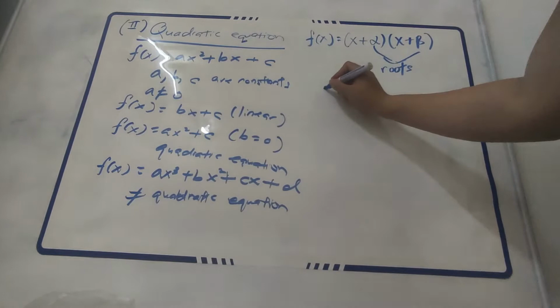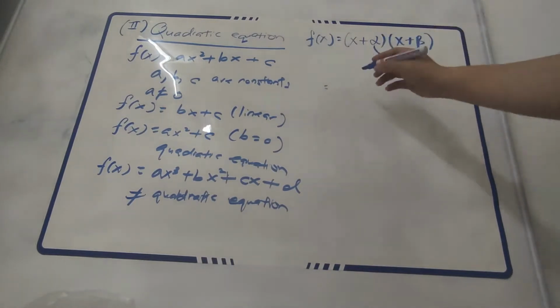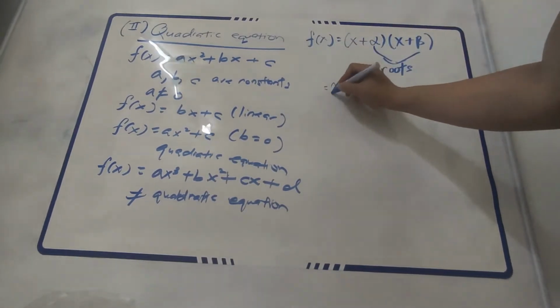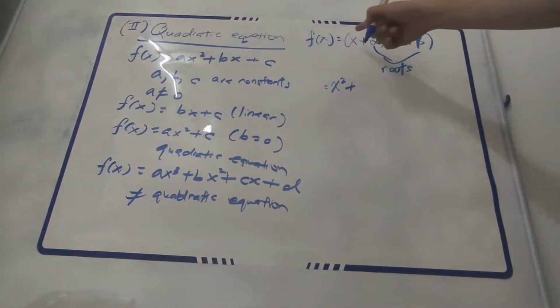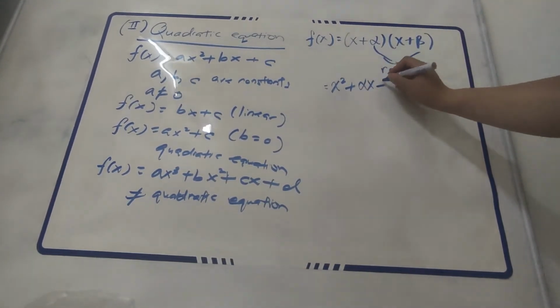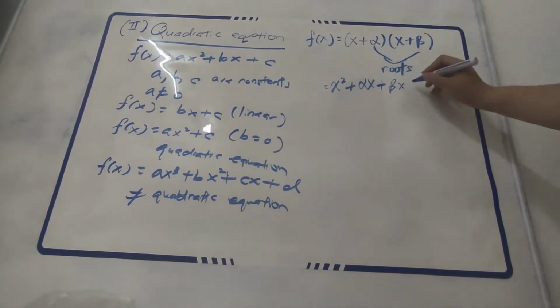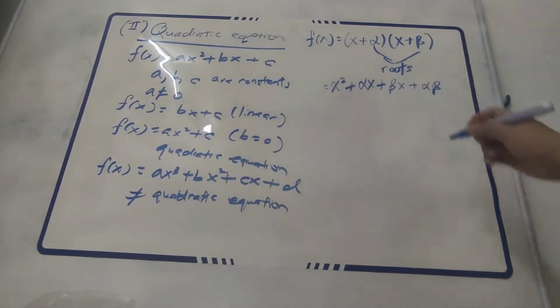And when you expand it, this is form 3, or what we call IGCSE level maths, 7 to 8 level maths. So you have x squared plus what? x times x, then alpha x plus beta x plus alpha beta.